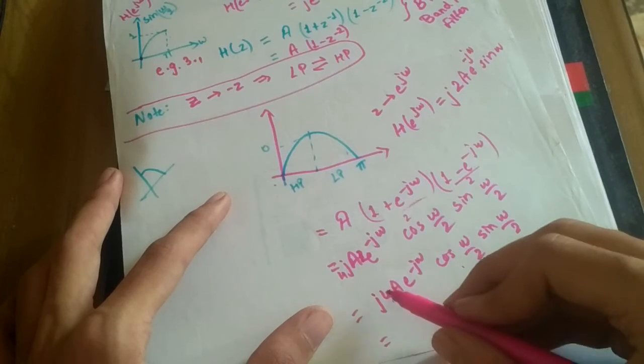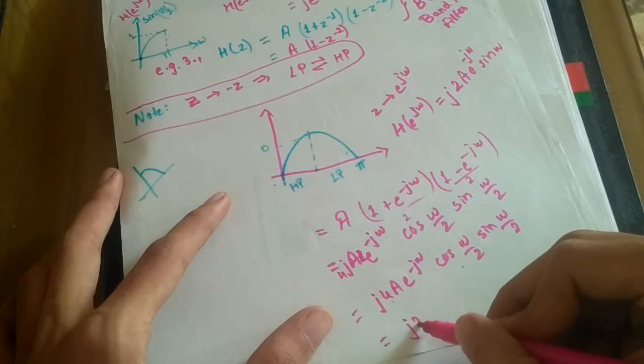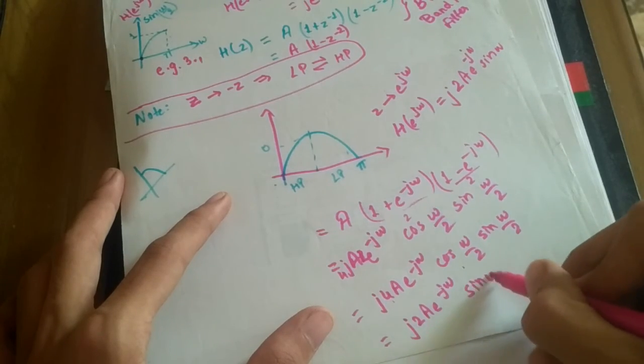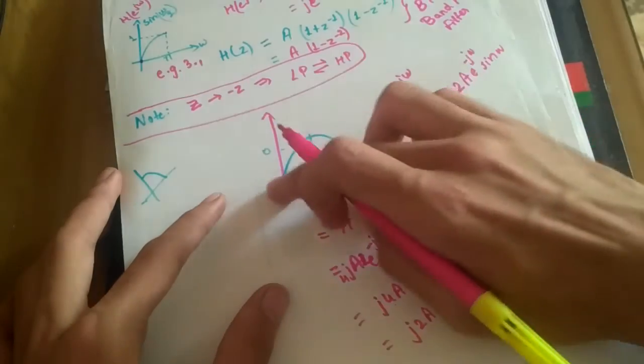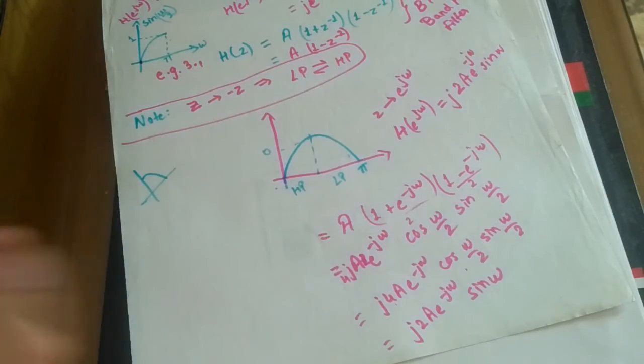So we have utilized that one 2 in this formula, so we are left with j times 2A e power minus j omega sine omega, right? And that's why we are getting this curve of sine. You can clearly verify that this is the curve of the sine function, right? So this is our elementary band pass filter.